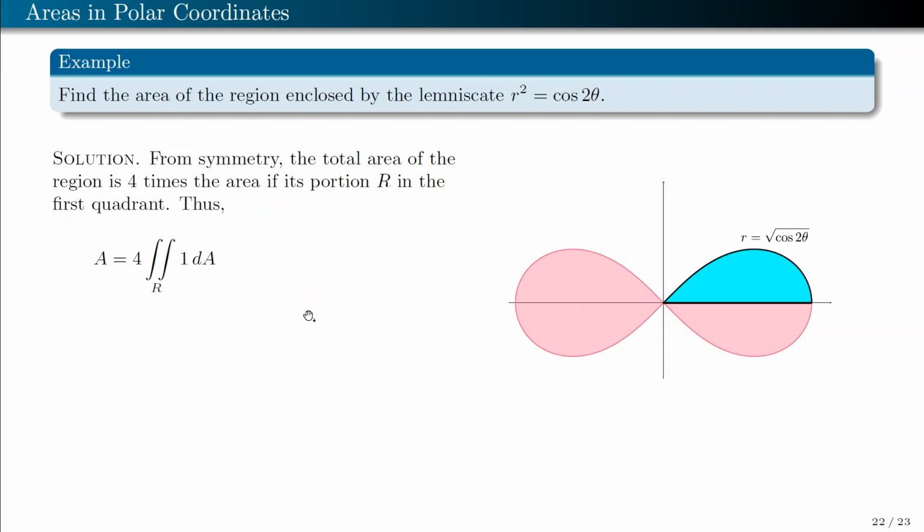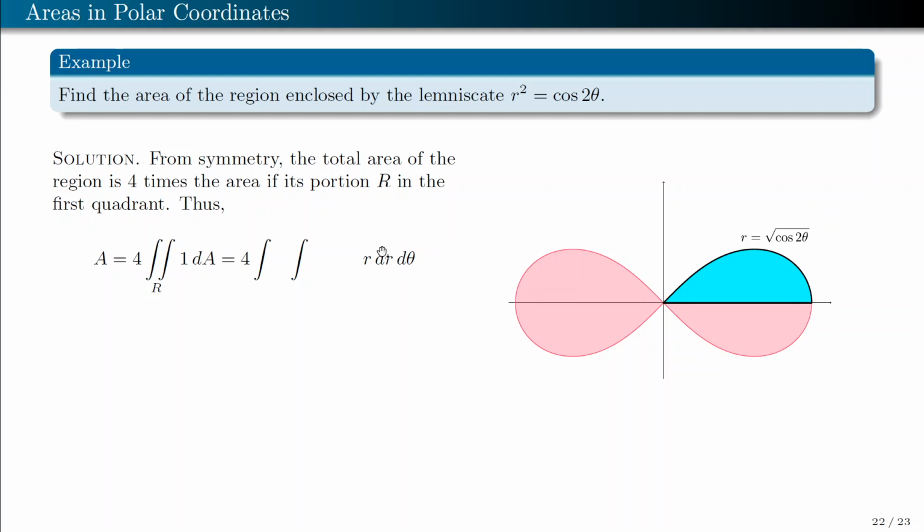First, the 1 is just 1, nothing changes there. The dA, again, is r dr d theta. Our lemniscate, originally r squared equals cosine 2 theta, we should rewrite as r equals a function of theta. So we get r equals square root of cosine 2 theta. That's the form of the curve we'll use, since polar curves should be written as r equals a function of theta.